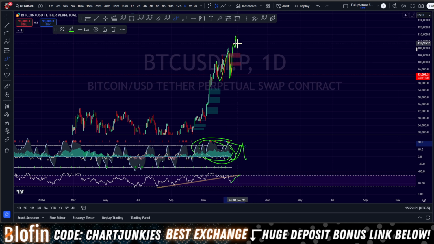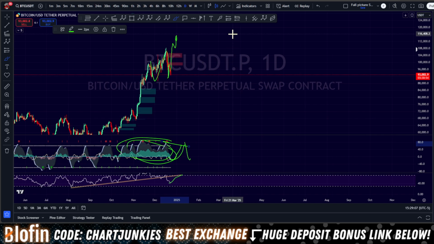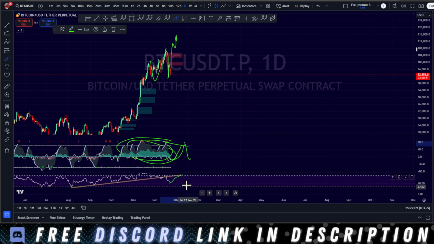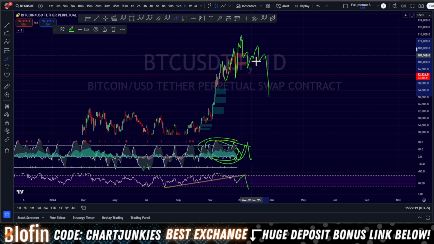So I would love to see another hit up towards 110, 115K here for BTC and really put in some divergences. At that point, we can put in a more extended time-wise and lengthwise correction, something like so.